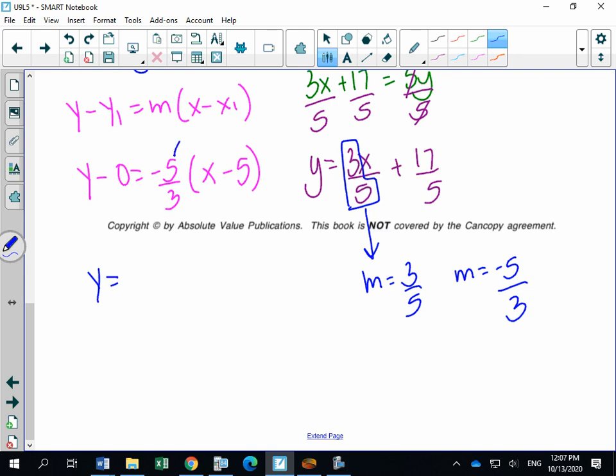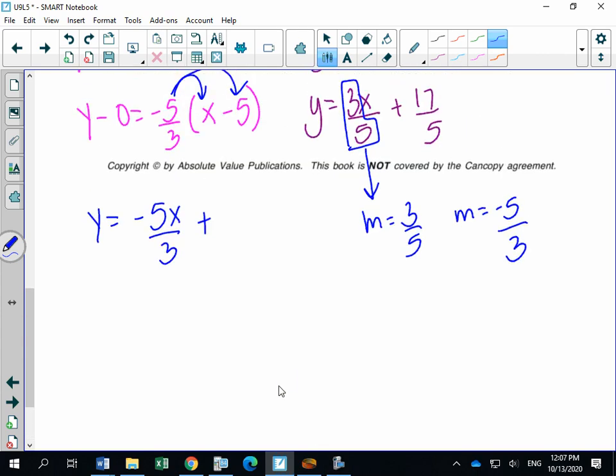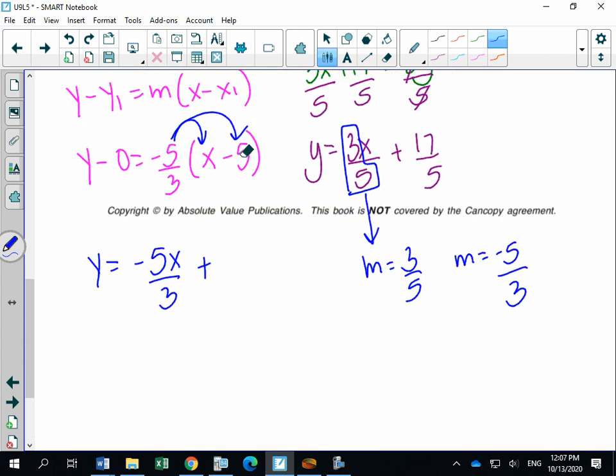And then we're going to distribute this. So that would be negative 5x over 3 plus, and the reason I have a plus is because two negatives make a positive. So negative 5x over 3 plus, and then 5 times 5 is 25 over 3.